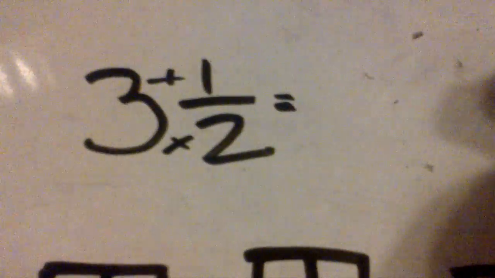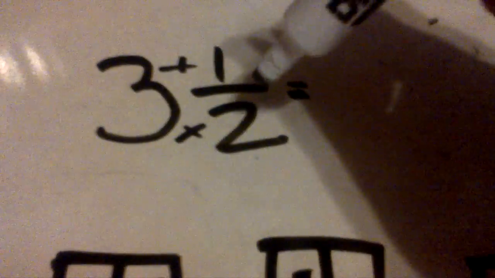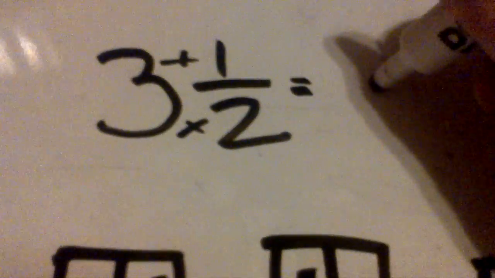If you don't have a chance to draw a picture, either because you're limited by time or your numbers are too big, you can also do it by using multiplication and addition. So you're going to do a 2-step problem.